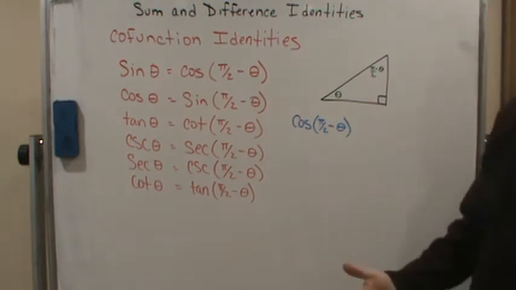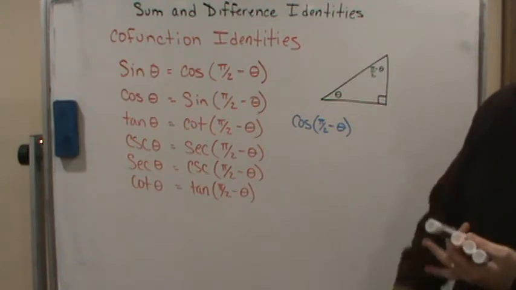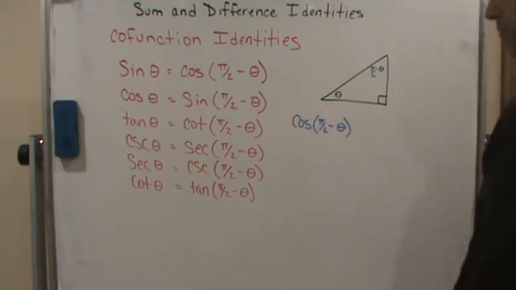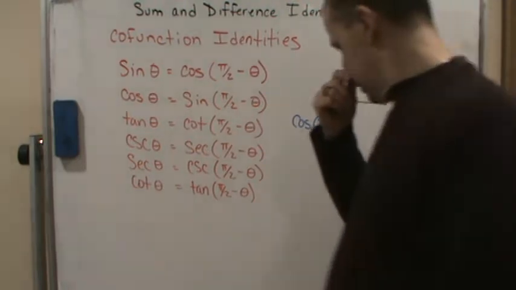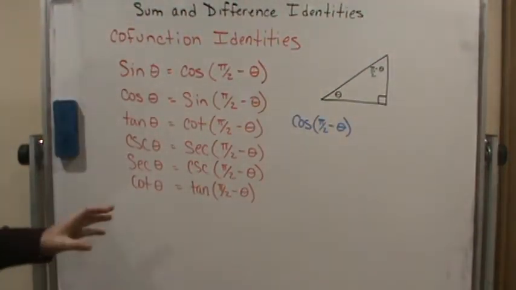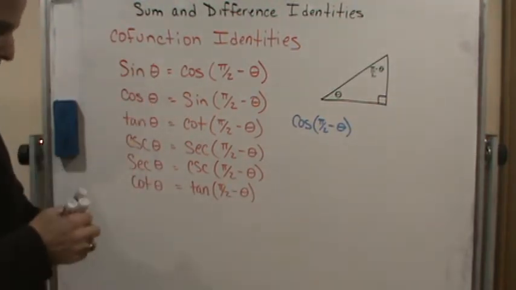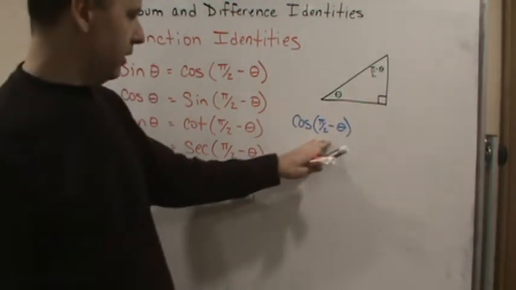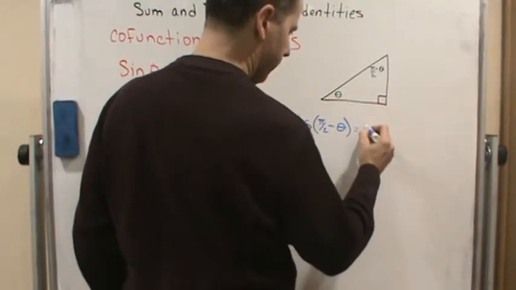Now that we've talked about the sum and difference formulas for sines, cosines and tangent, we can use those as well. In fact, we can use the sum and difference formula to show that these identities are valid. For example, if we look at this, we can say that this is equal to what?